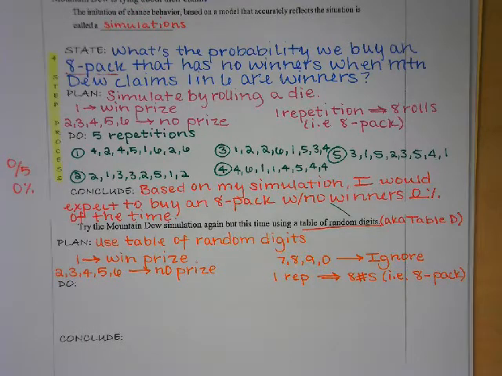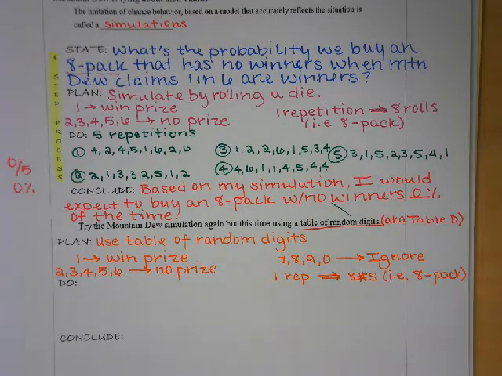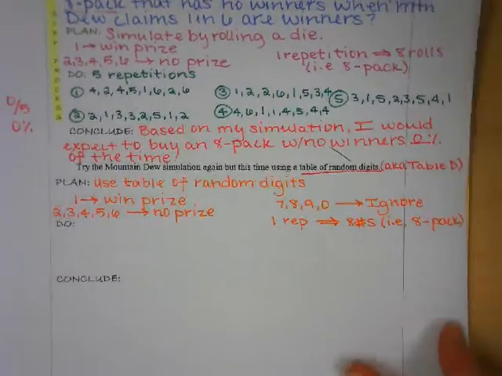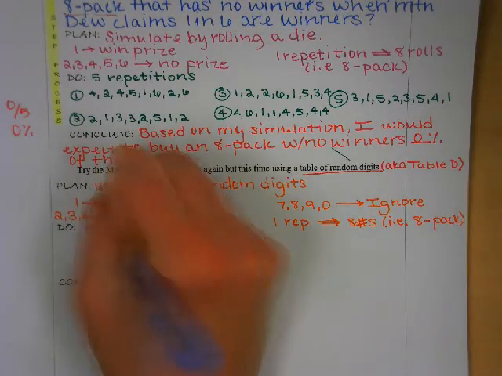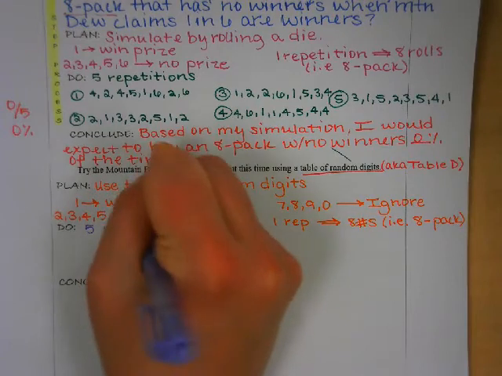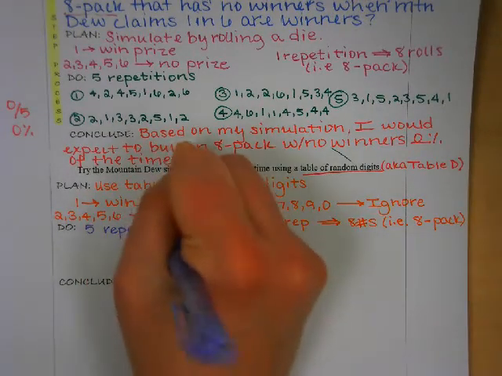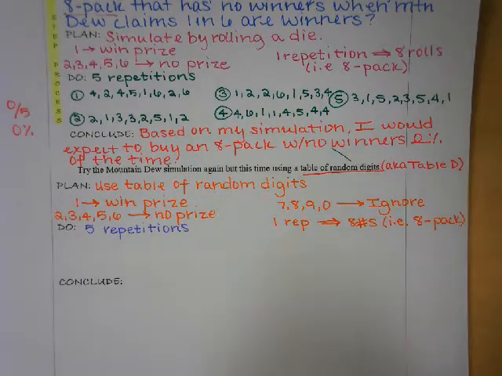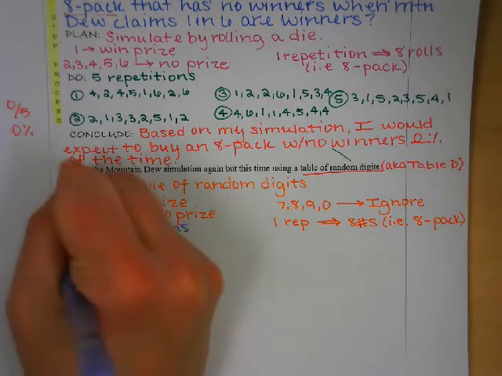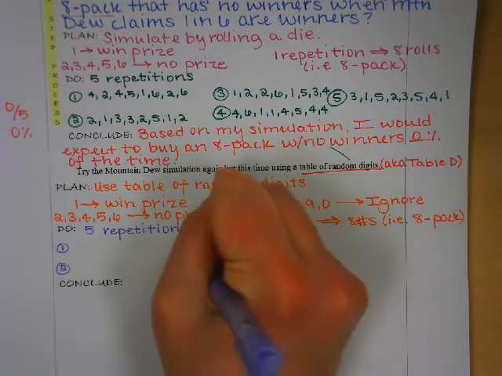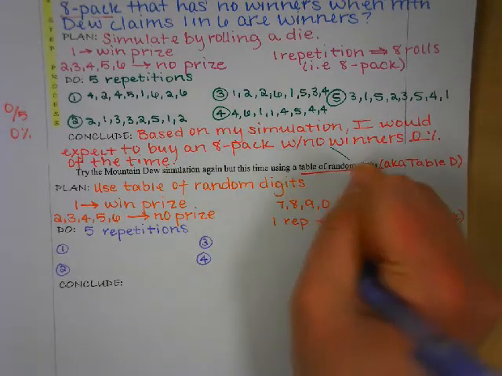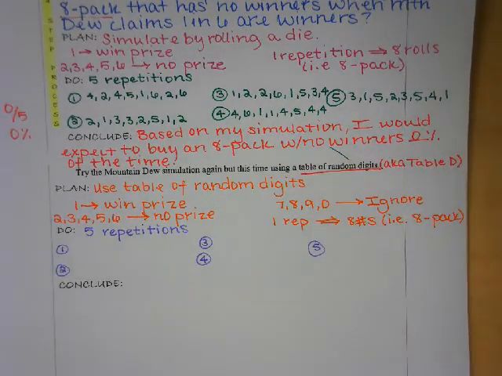And again, I have to make sure that I do more than 1 repetition, but not so many repetitions that it's ridiculously time consuming. And like I told you before, I want to make sure I get through this lesson, so we're going to do 5. 10 would be better, but we're going to do 5. 100 would be better, but I can't do this 100 times. And again, I'm going to write it down, especially because I'm ignoring certain numbers. It's going to be easier for me to see if I actually write it down.